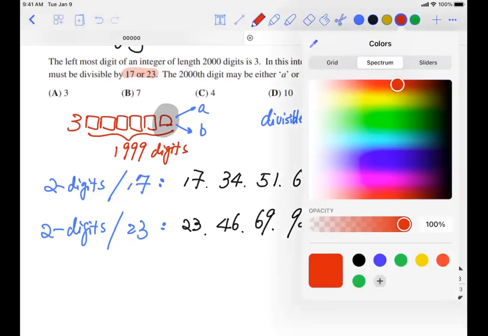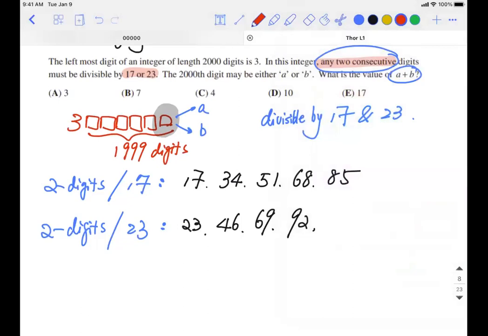Let me change the color: 7, 3, 5, 6, 8, 2, 4. We have a duplicate 6, but most of them are different. And the problem says every two consecutive digits of this number must be divisible by either 17 or 23.